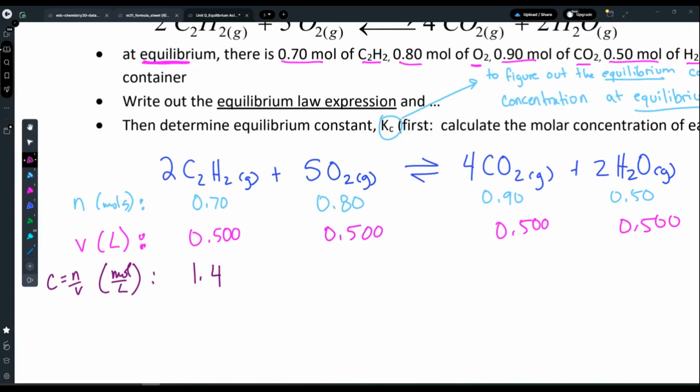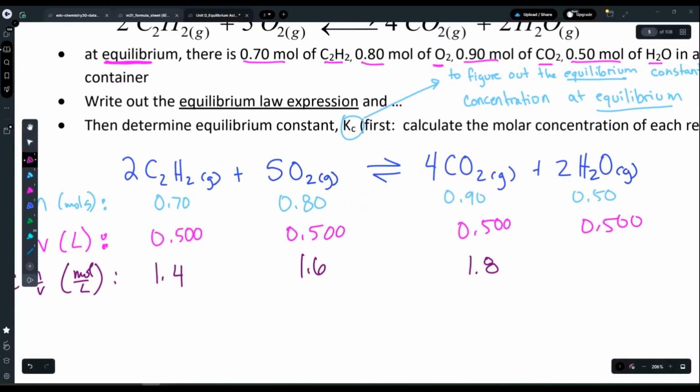Then 0.8 divided by 0.5 gives me 1.6. 0.9 divided by 0.5 is 1.8. Now just keep in mind with SIGDIGs, since these aren't final answers, we don't need to worry about SIGDIGs right now. So 0.5 divided by 0.5 is just going to give us 1.